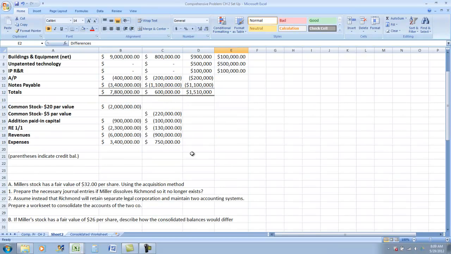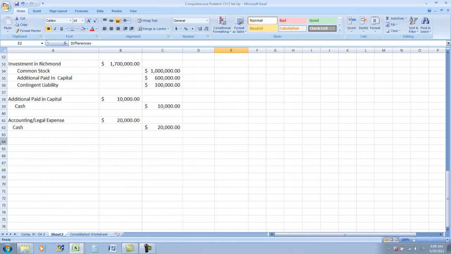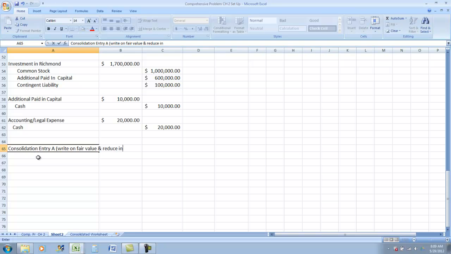So these are going to be part of consolidation entry A, which is write on fair value and reduce investment account.